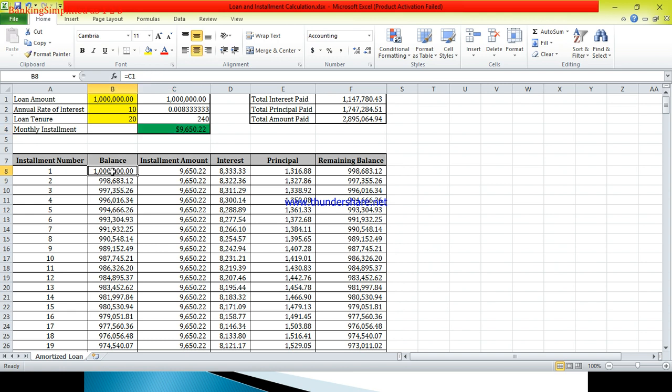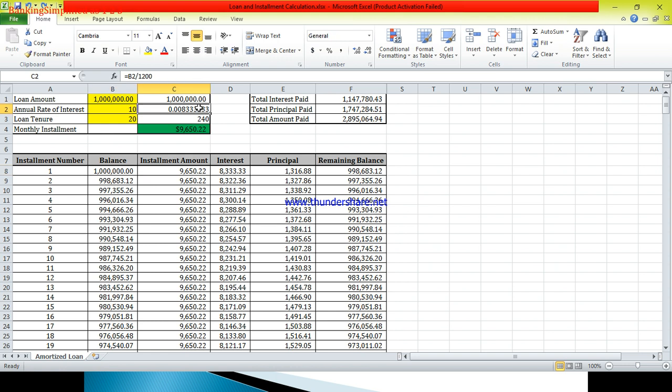Now, the installment for the entire tenor will remain the same, so I'm just keeping this amount fixed for every installment. Now for the interest part, how much interest is calculated for the first month? My balance here is the entire principal, and it's 1 month.